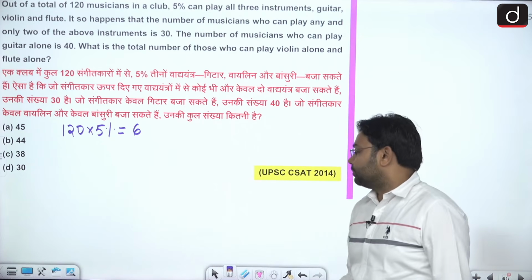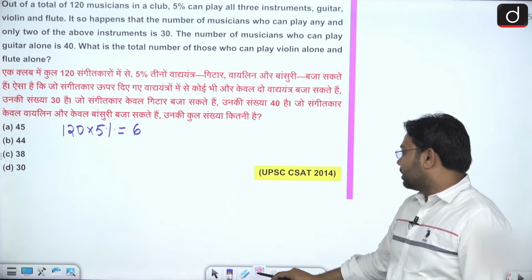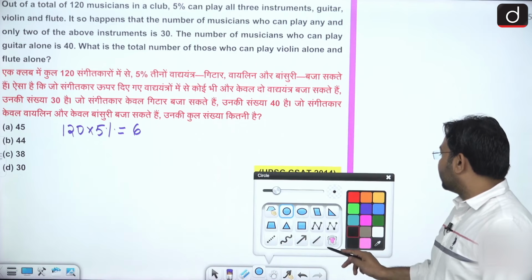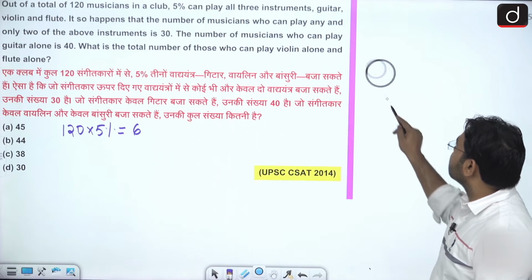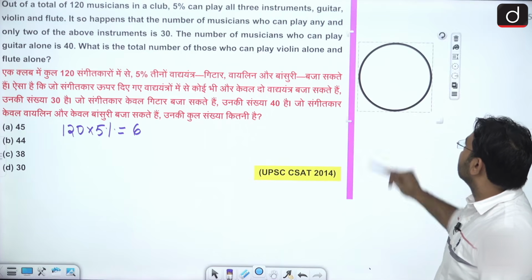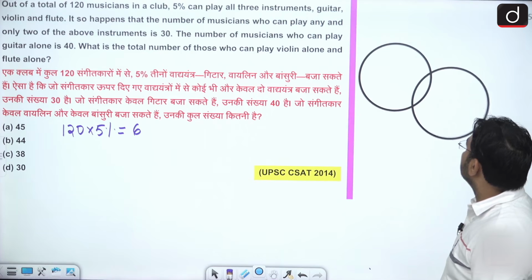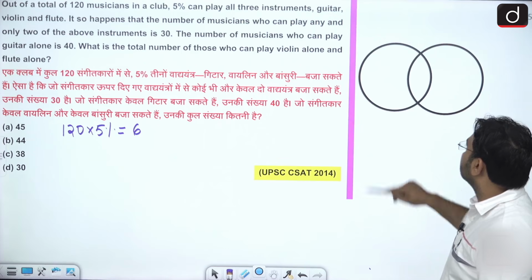So 6 musicians can play all three instruments, you can say. The first, second and the third one.